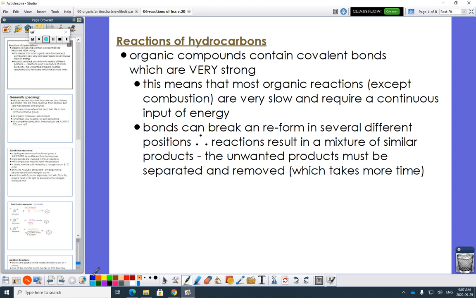Okay? So we did talk about the first point yesterday: organic compounds have very strong covalent bonds. So the reactions for organic compounds are often very, very slow, and they require a continuous input of energy.